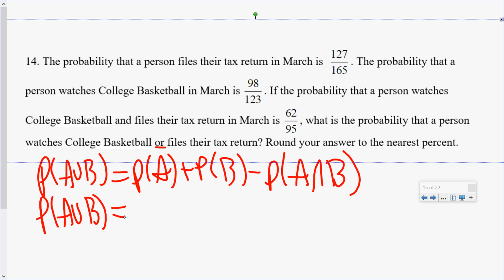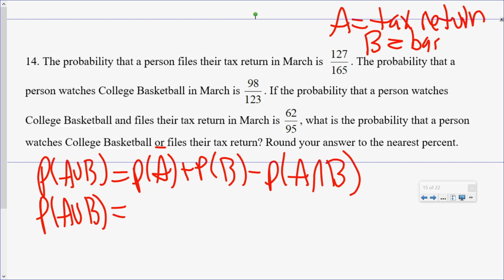So let's let A be their tax return and let B be college basketball. So P of A is the probability that they file their tax return. That's 127 over 165.